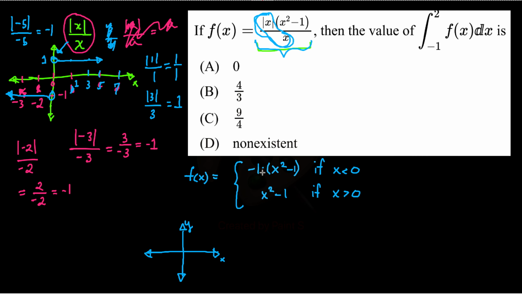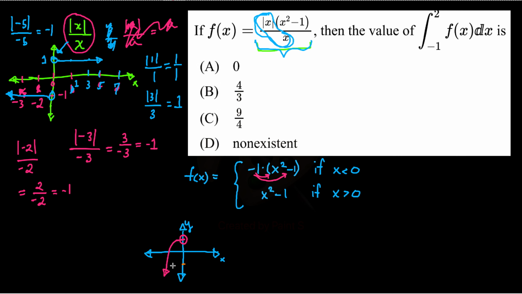So I have negative x squared plus 1 when I distribute the -1 into this one. Negative x squared plus 1 looks like this. Here's +1 up here, let's say, and it's a hollow dot because it's not defined there. Negative x squared looks like this, right? And then x squared minus 1 for values greater than 0.